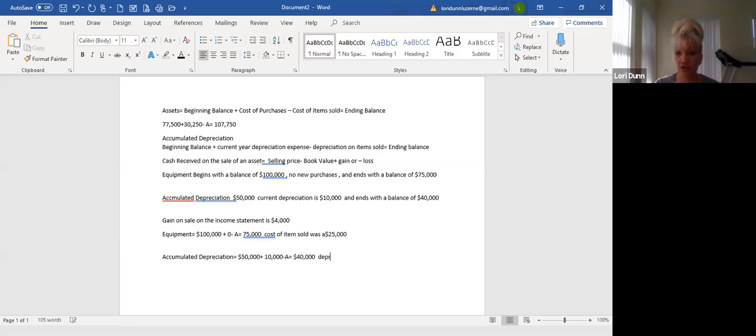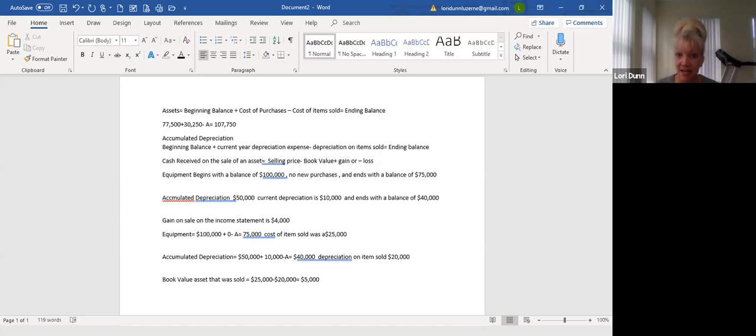So the depreciation on items sold had to have been $20,000. So the book value of the asset that was sold on the day of the sale equals 25,000 cost minus the depreciation that was taken on it, or $5,000.